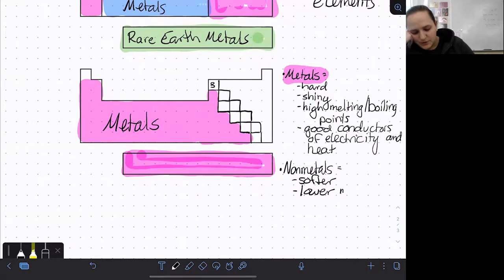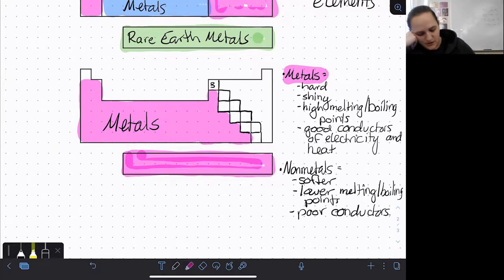They have lower melting and boiling points. And they're generally poor conductors of heat and electricity. So the nonmetals are everything to the right of that dividing area, plus hydrogen is also considered a nonmetal.